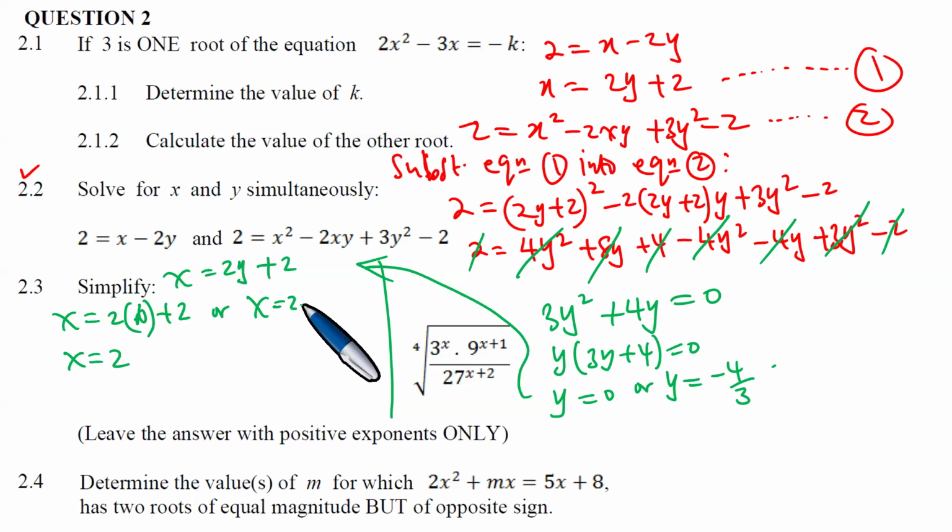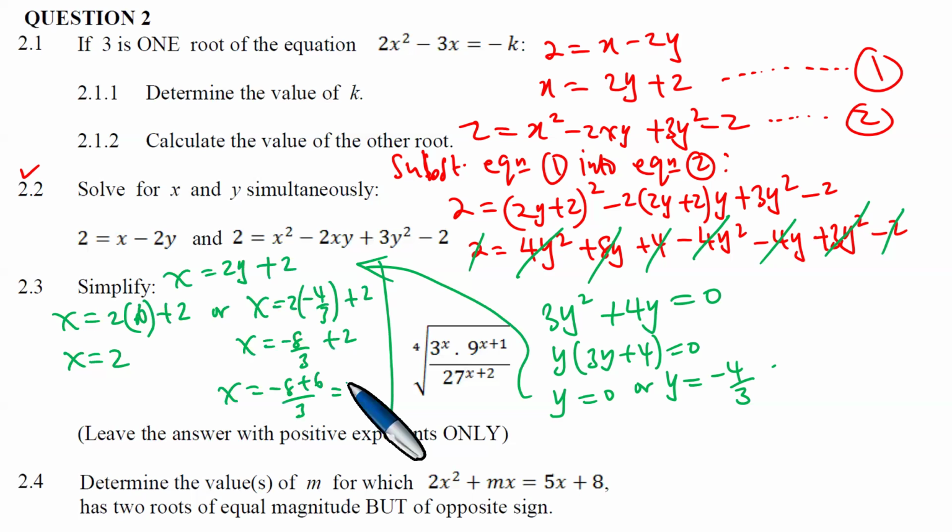So x equals 2. And when y is minus 4 over 3, x is 2y plus 2, which is minus 8 over 3 plus 2, which is exactly minus 8 plus 6 over 3. What is minus 8 plus 6? It's minus 2 over 3.